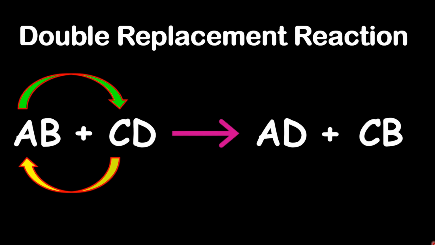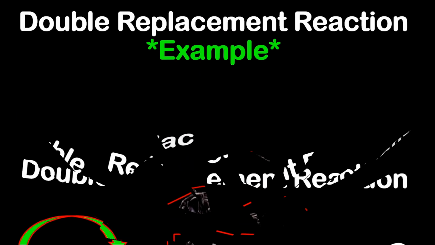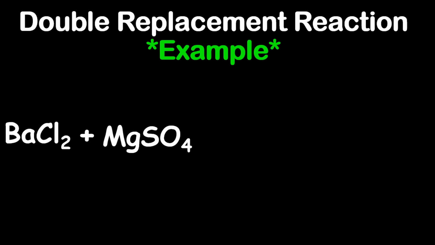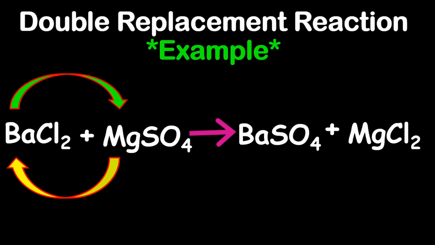Now let's look at a specific example. For this example, barium chloride reacts with magnesium sulfate. The magnesium and the barium will replace each other. So this will produce barium sulfate and magnesium chloride.